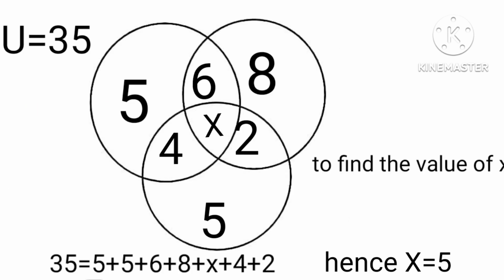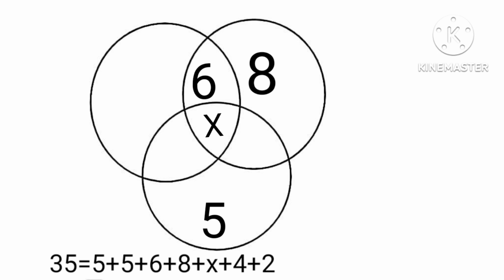So we have the example, and we are asked to look for the value of x. All we just need to do is to add all the elements together and equate it to the universal set, and we look for the value of x. You see that if you add x back, you still get 35 as your final answer.